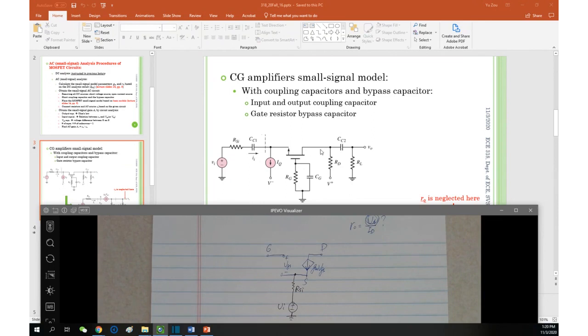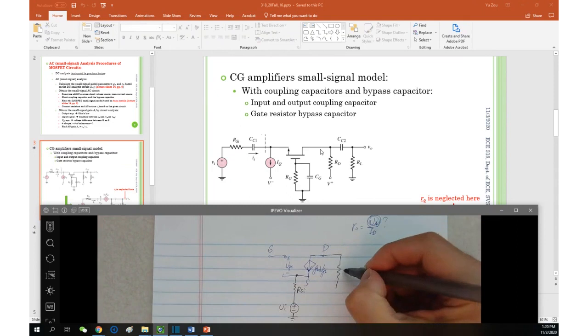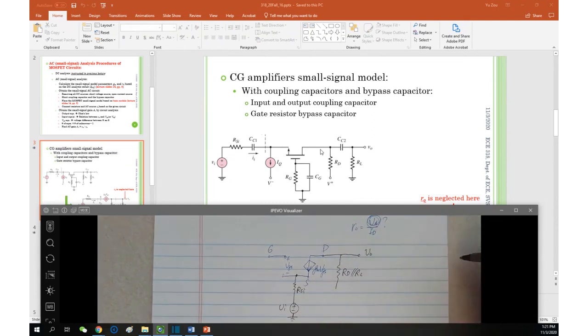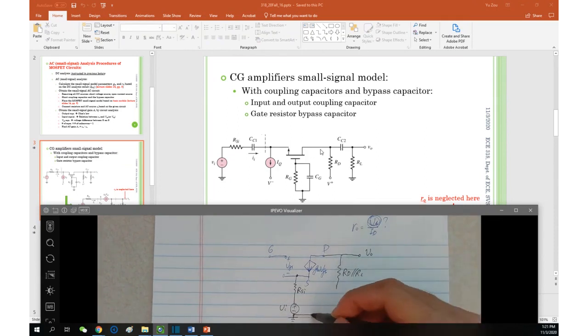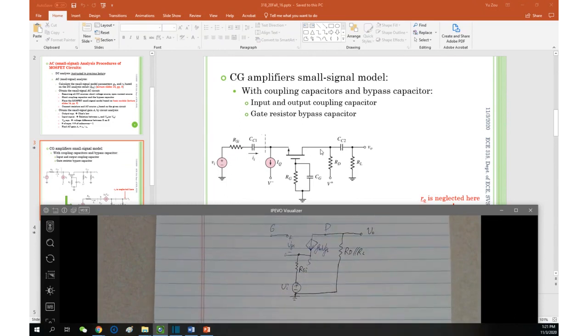So the drain connects to RD in parallel with RL. Also, don't forget, the drain is the output, and the ground, feel free to short with this ground together. Does it make sense so far?